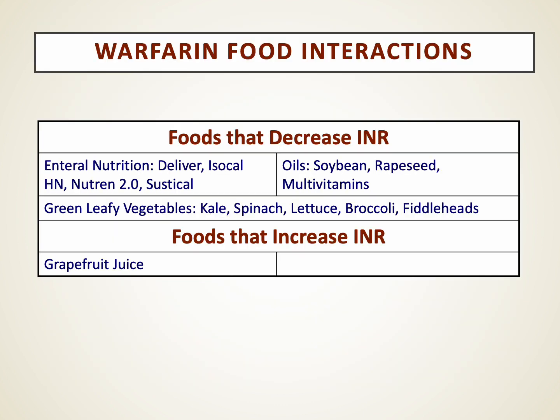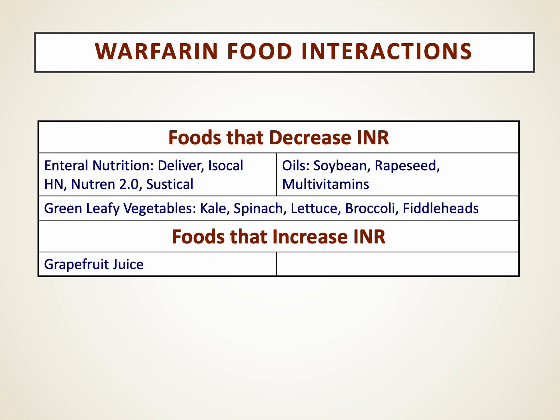There are also food interactions with warfarin, particularly foods that contain vitamin K. So vitamin K containing supplements or vitamin K containing foods, if they increase or decrease in the diet, that can be problematic. And sometimes we see seasonal variation depending on whether patients have a backyard garden or go to the farmer's market in their season, sometimes of the year and not others.